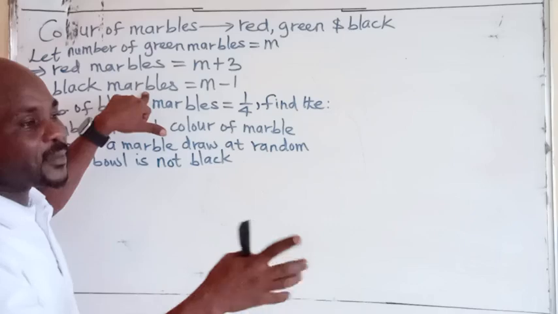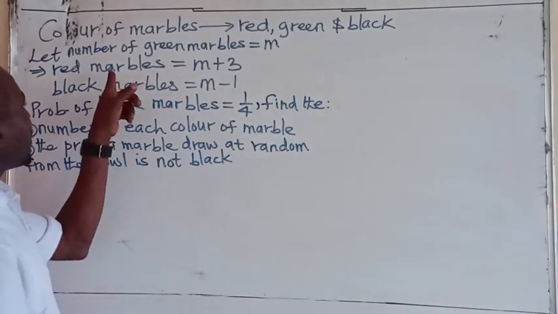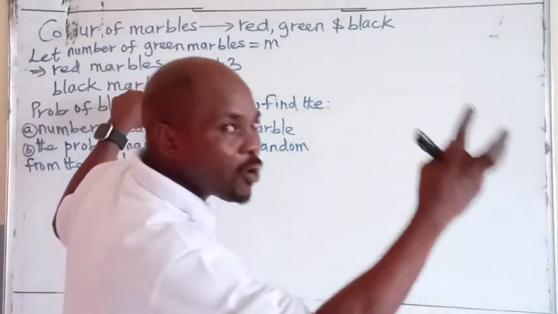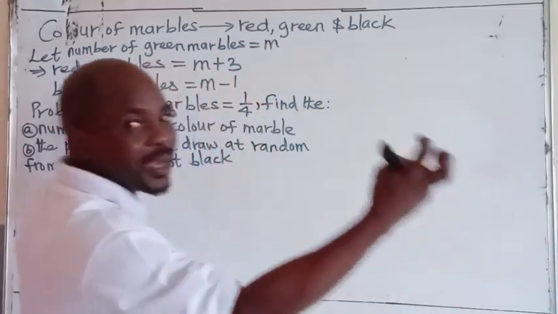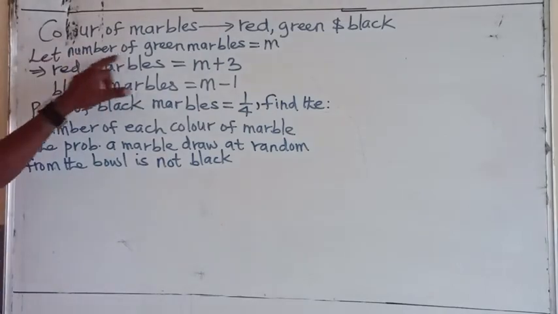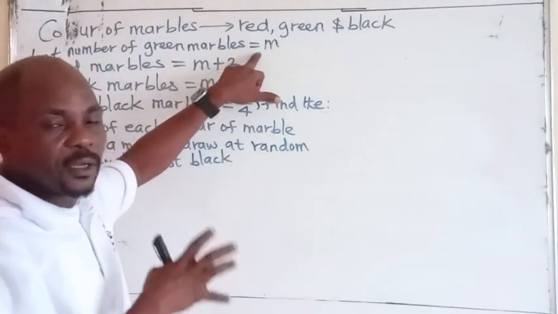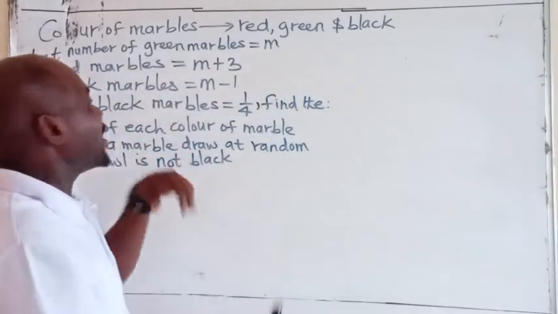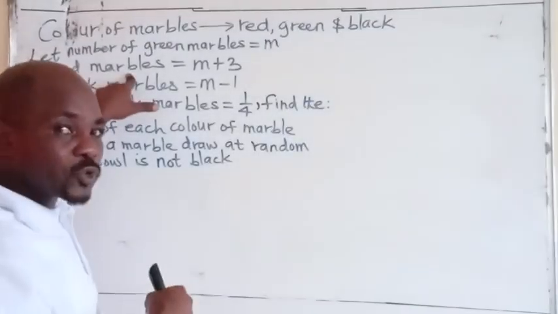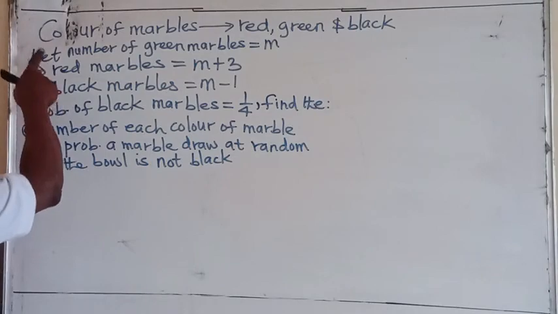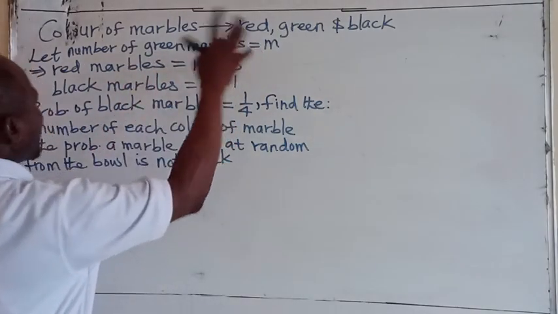This states that the numbers of red and black marbles take their reference from the green marbles. That's why I said, let the number of green marbles equal n, because it is with respect to green that black and red marbles were gotten.